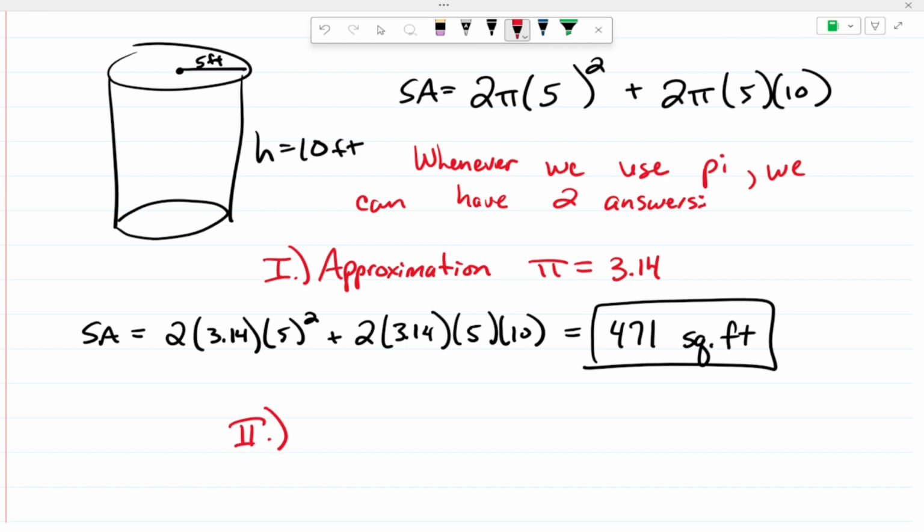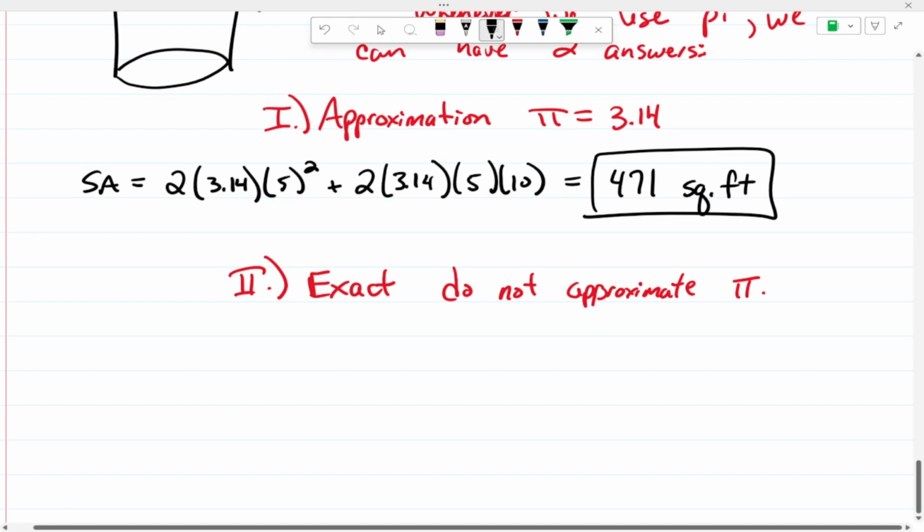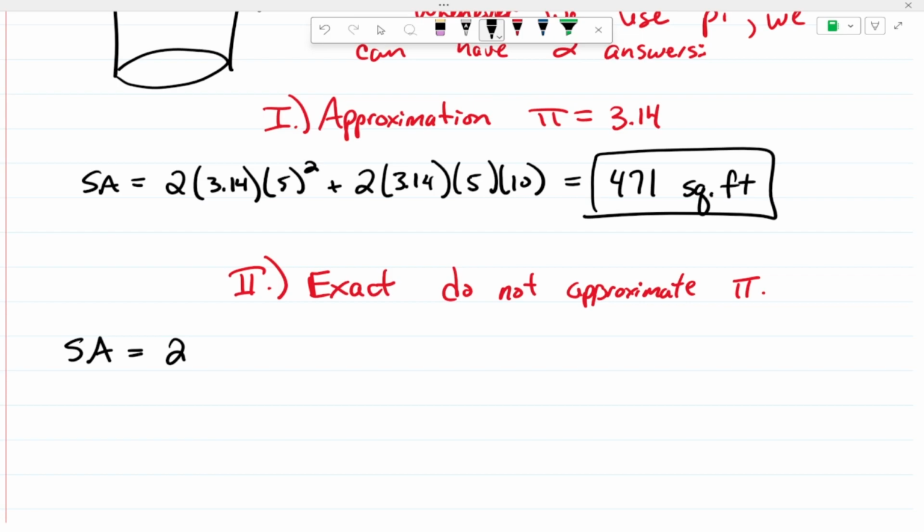The other type of answer that we could get is what we call an exact answer. Now, exact answers do not approximate pi. In other words, we're going to rewrite our formula above. So we got our surface area equals 2, but instead of writing 3.14, I'm going to rewrite it as pi.